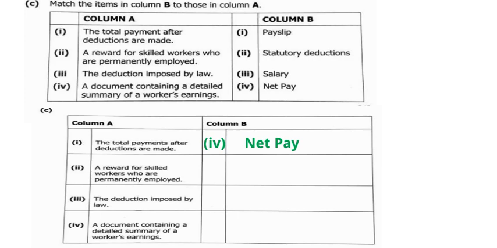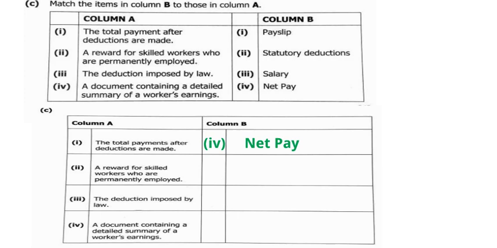They come up with the total income, the basic salary plus the allowances plus anything that is attached to you. Then later on you subtract something that you need to deduct, like taxes. Maybe there is a loan, maybe there is any payment you have to make. Then what you remain with is the net pay.